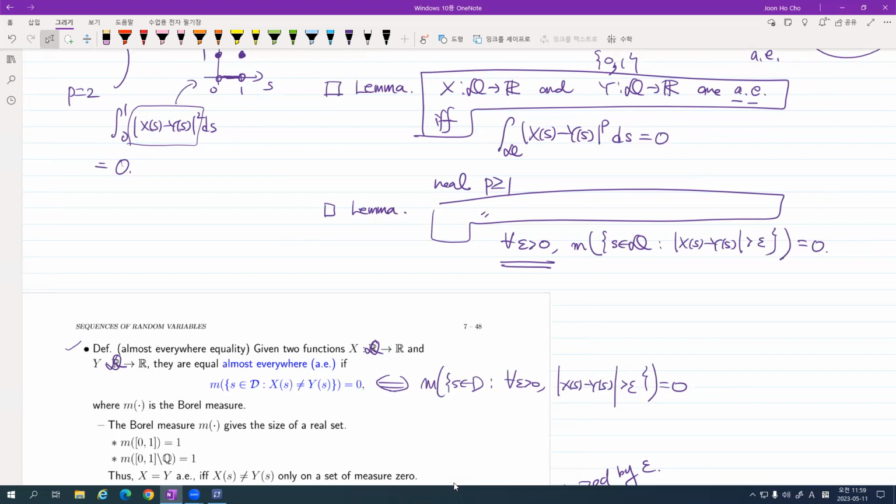But since this is a probability course, the probability measure is very special in that our sample space has a special measure called the probability measure, and the probability of the entire sample space is finite, equal to 1.